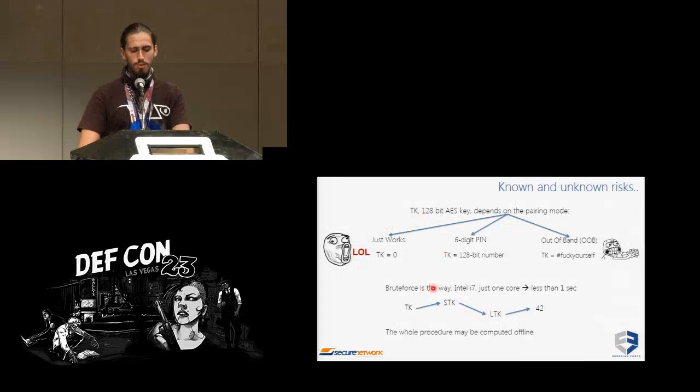And there are just 3 ways in which the TK can be established. If the pairing mode is Just Works, which is the name of the pairing mode, the TK is set to 0. So simple.